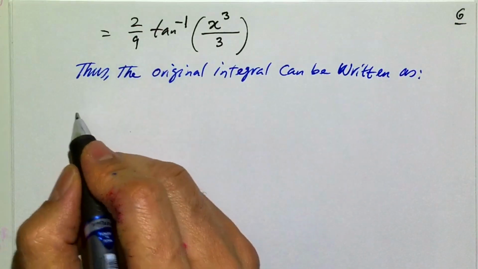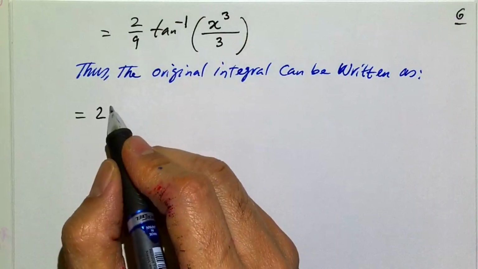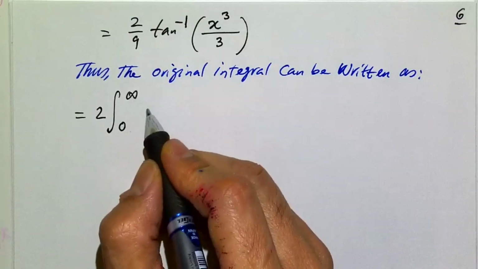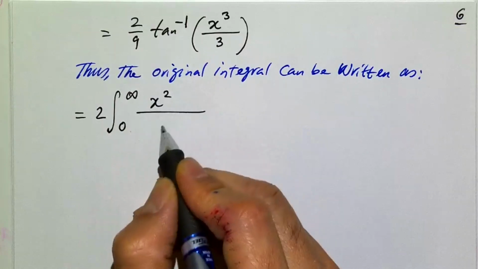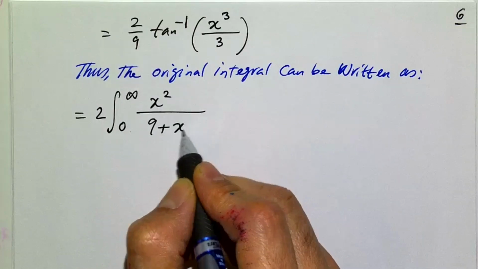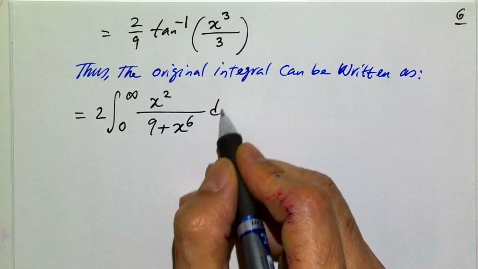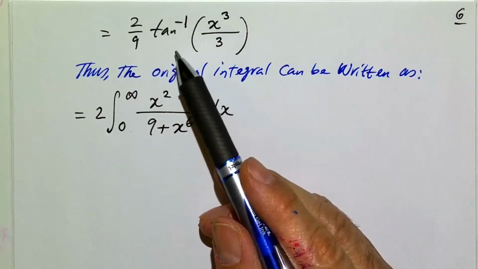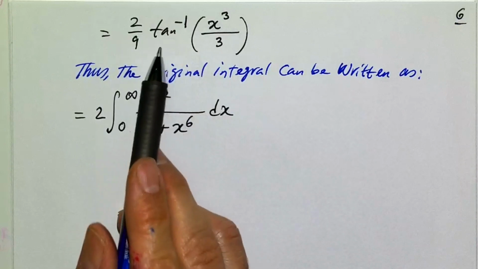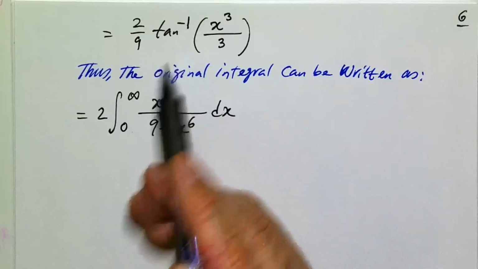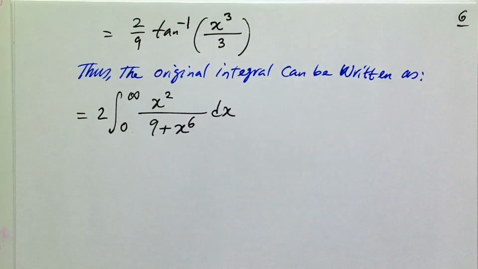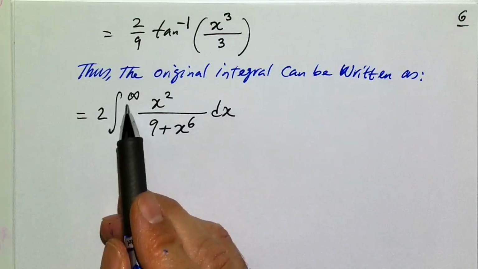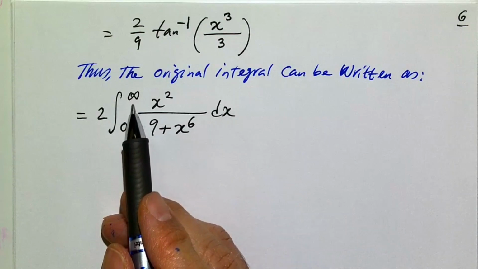So I'm just going to say 2 times the integral from 0 to infinity of x squared over, this is before all the substitution. We went from that, we found the integrand, but now we have to take the limit of this as t goes to infinity. So we're going to have to replace this infinity by t.